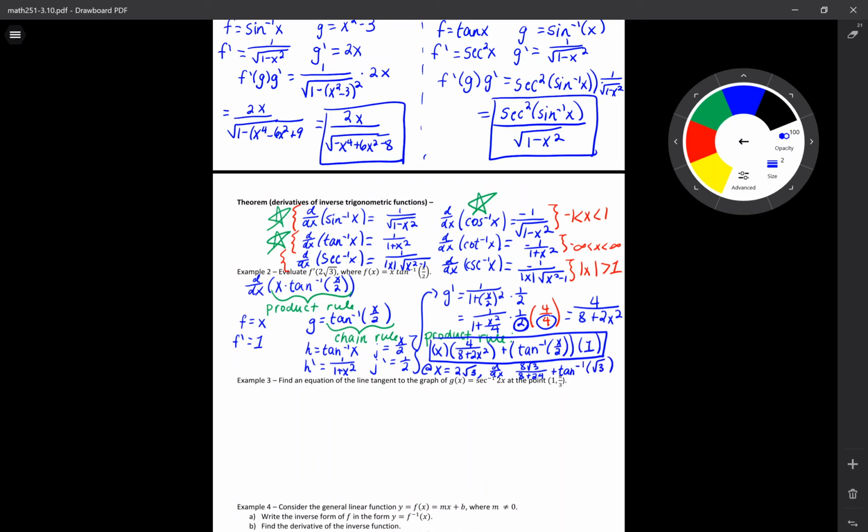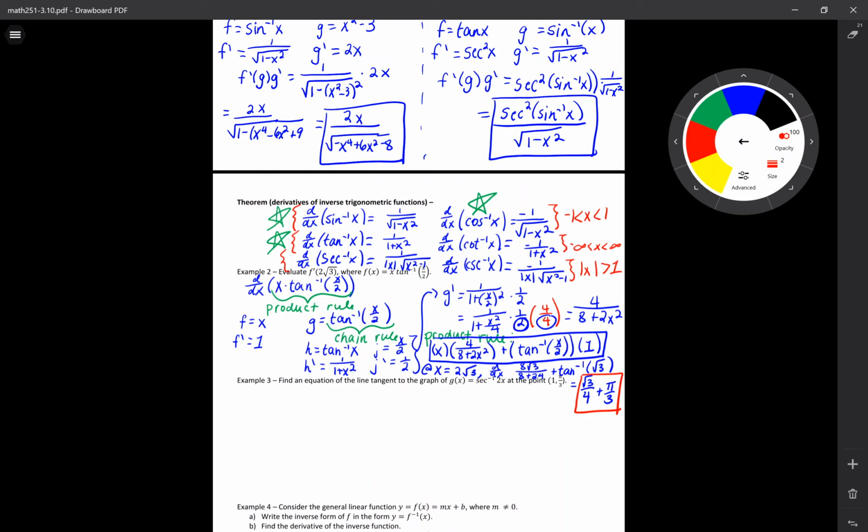And if I simplified this, I get square root of 3 over 4 plus pi over 3. So here we had to use the product rule and the chain rule all in one, and then we plugged in a point.